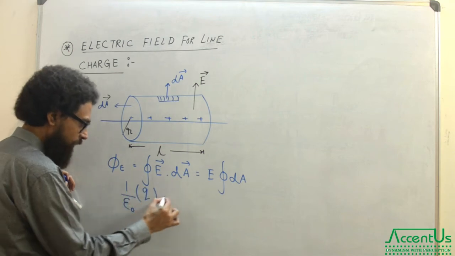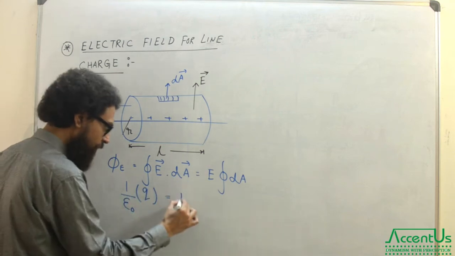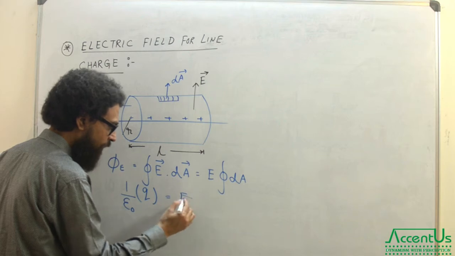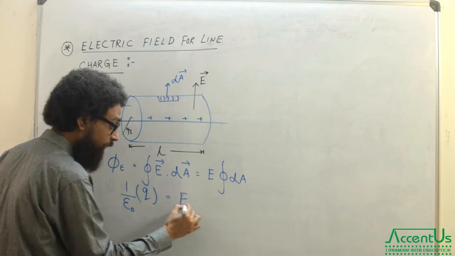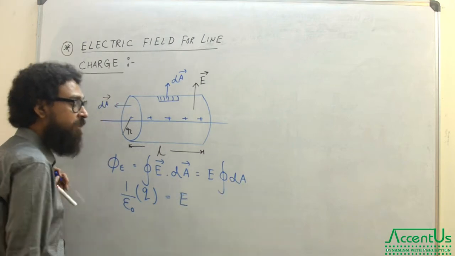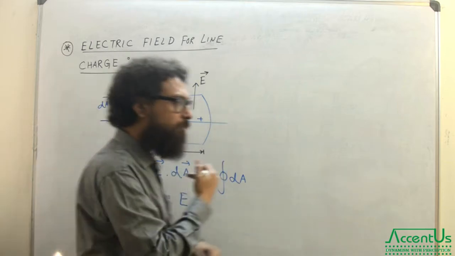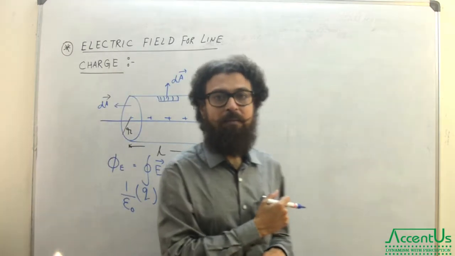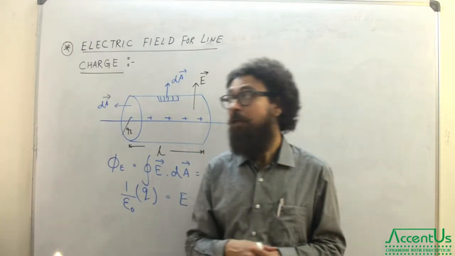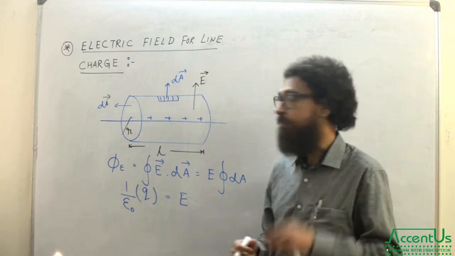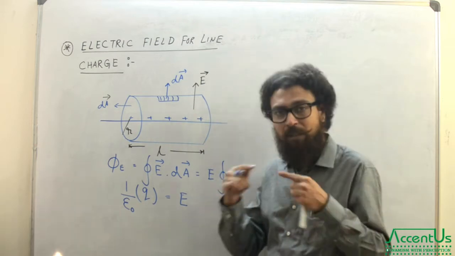So that is equal to the electric field that we want to calculate, and the total surface integration of this lateral surface or the curved surface. So here, what is the total curved surface?